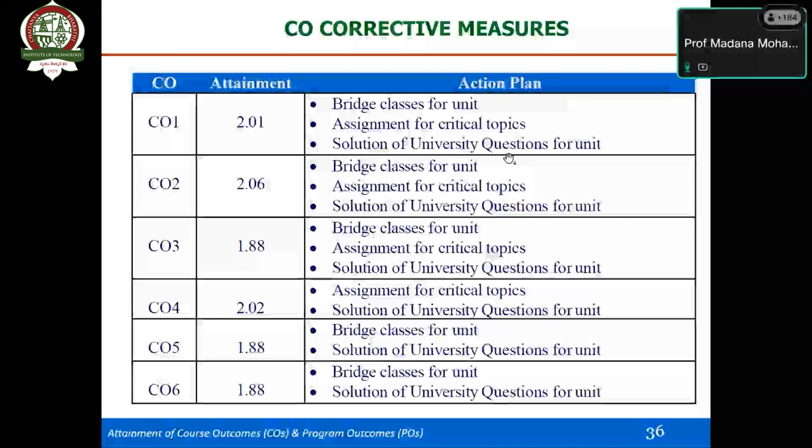Then you have to provide solutions to the university previous questions for that particular unit. So like that, some action plan we have to propose CO-wise. The same action plan PO-wise also we have to provide finally after attaining POs.